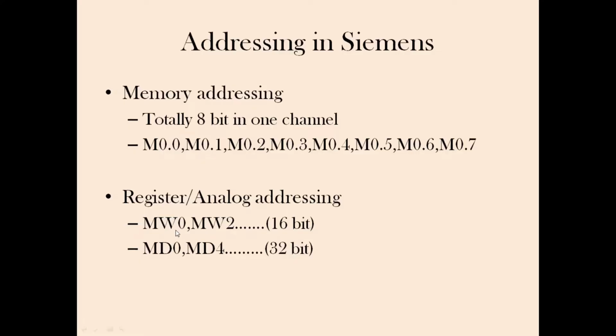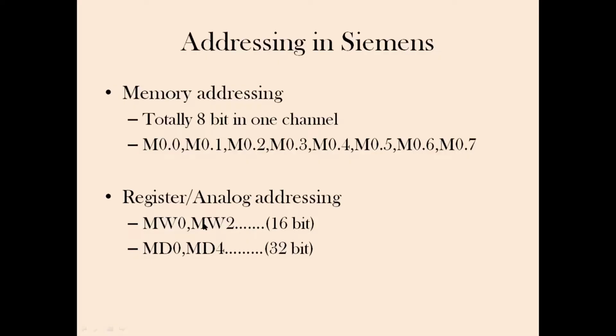And why am I not using MW1? Since one channel has 8 bits, an integer will take 2 channels to store the 16 bits. That's why MW0 and MW1 will take a single integer. For the next integer, it will go up to MW2 and MW3.